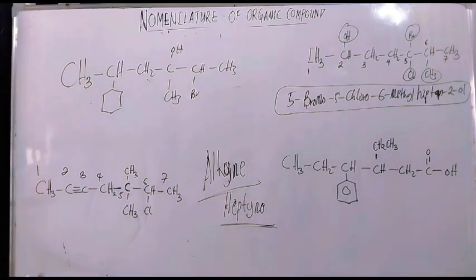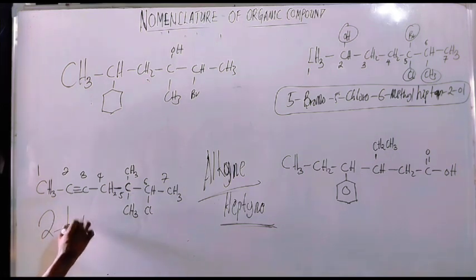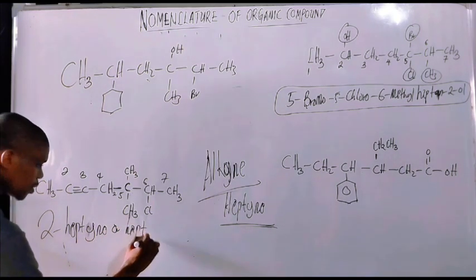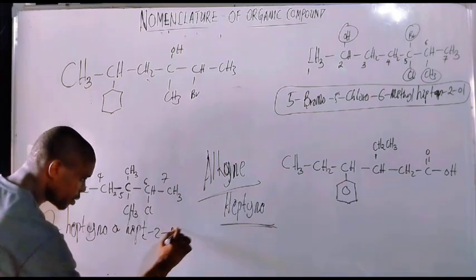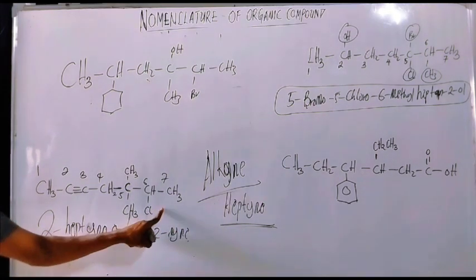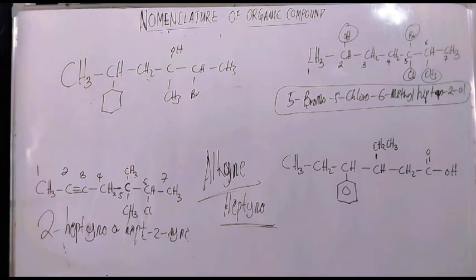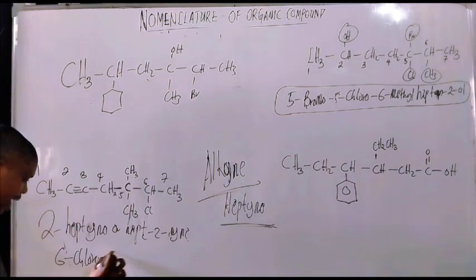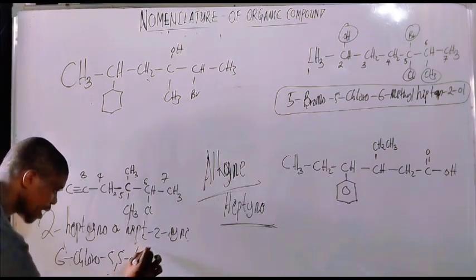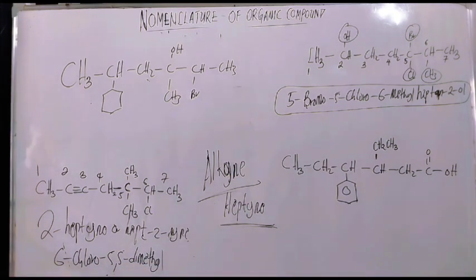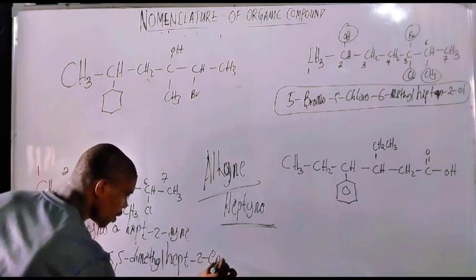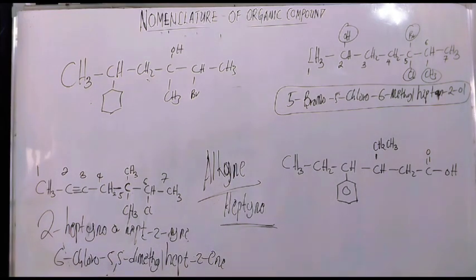So it's going to be 2-heptyne. Chloro comes first, so it will be 6-chloro, right? 5,5-dimethyl, hept-2-yne. That is it.